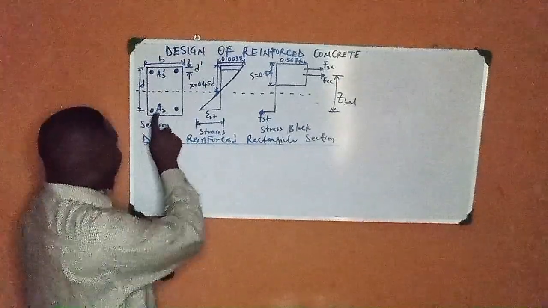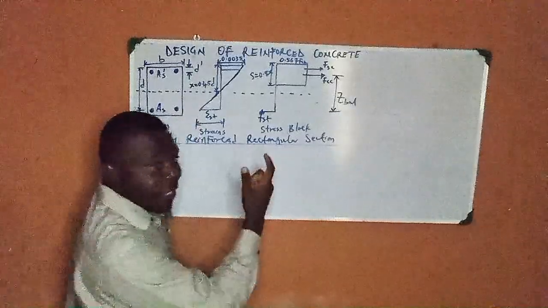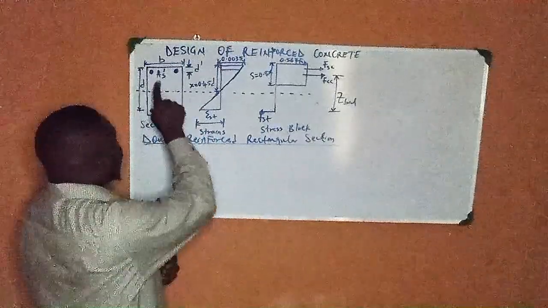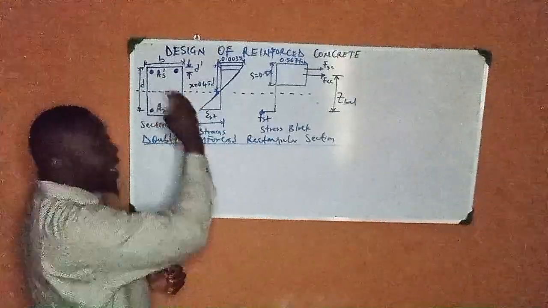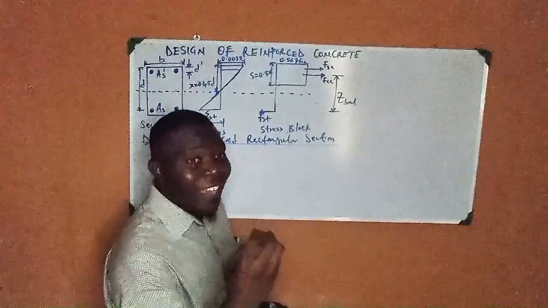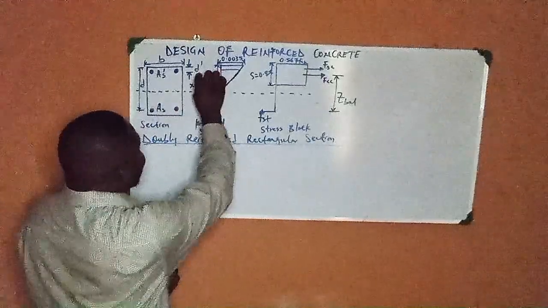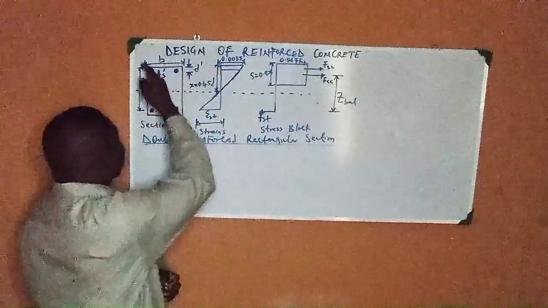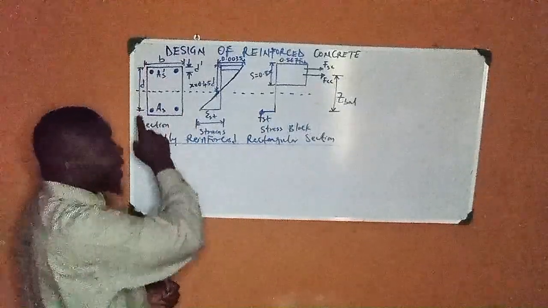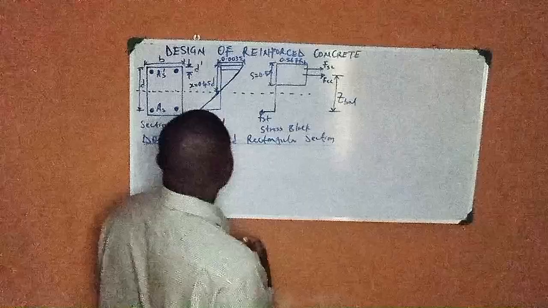Now, the As we are seeing here is our usual area of steel in the tension zone. The As prime you are seeing in the compression zone is the area of the reinforcement provided in the compression zone. Your d prime is the effective depth in the compression zone, while your normal d is the usual effective depth from the previous video.